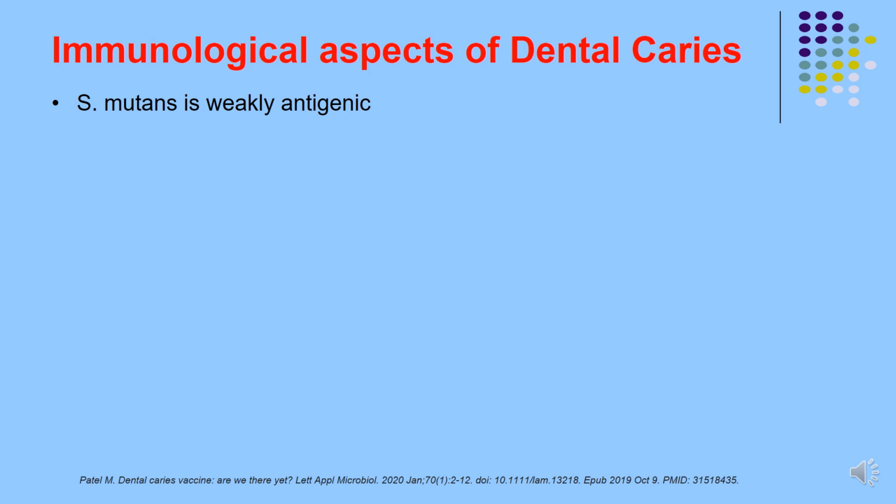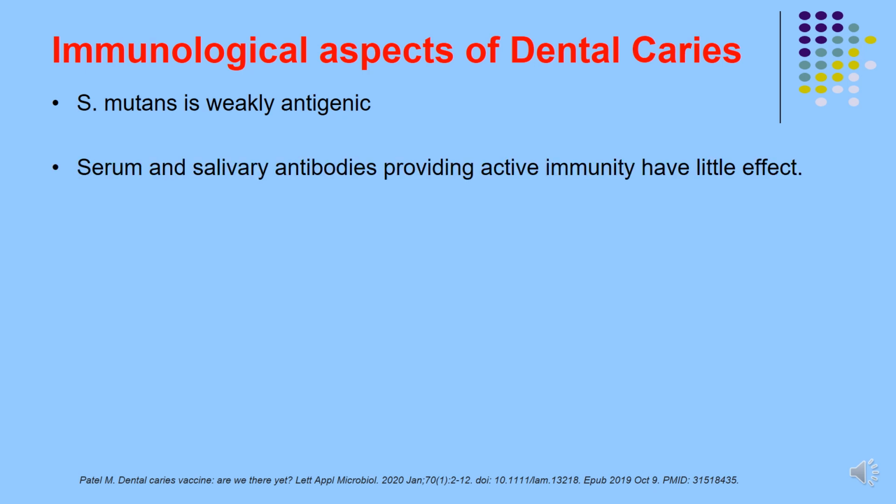That is, the immune response to the presence of Streptococcus mutans as part of the flora in the oral cavity is very weak, and that is the reason that despite it being widely predominant in the flora, the serum and salivary antibodies providing active immunity against this bacteria have very little effect on the bacteria.